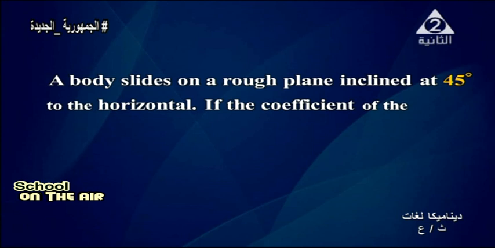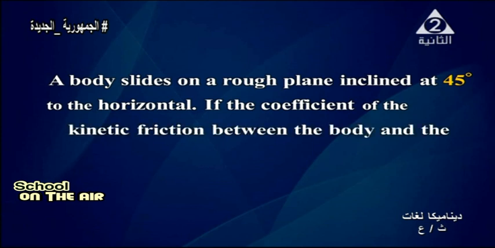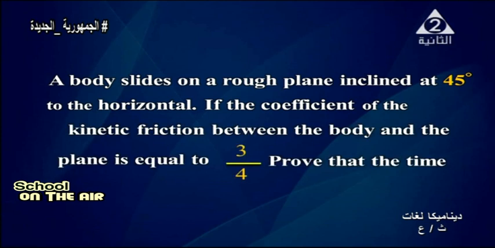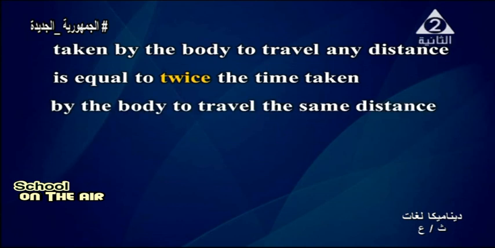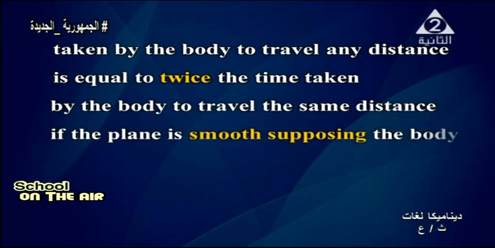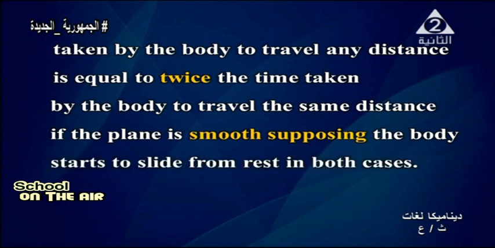If the coefficient of the kinetic friction between the body and the plane is equal to 3/4, prove that the time taken by the body to travel any distance on the rough plane is equal to twice the time taken by the body to travel the same distance if the plane is smooth, supposing the body starts to slide from rest in both cases.